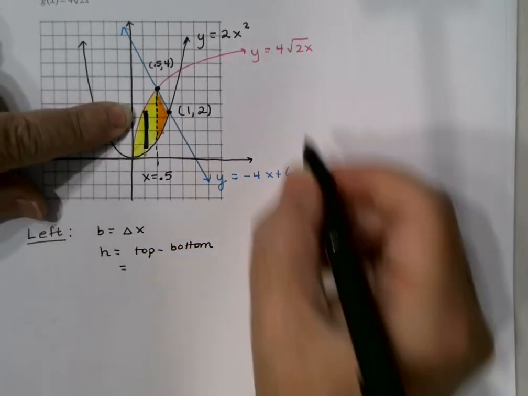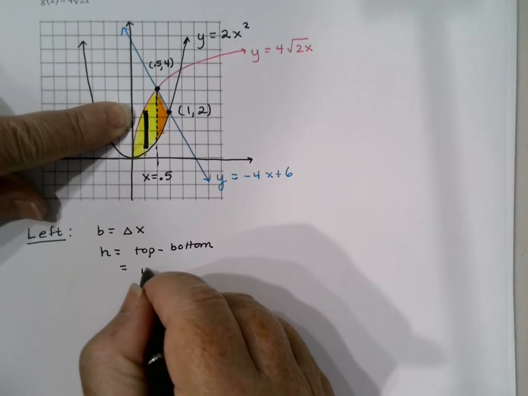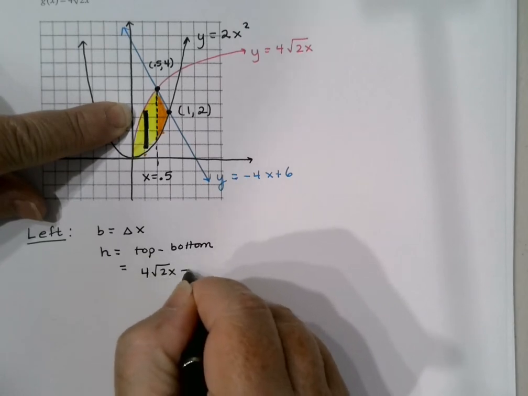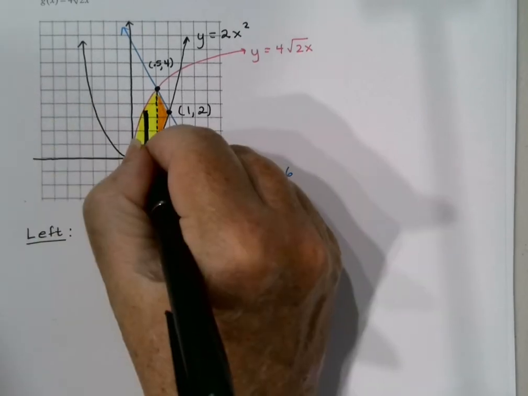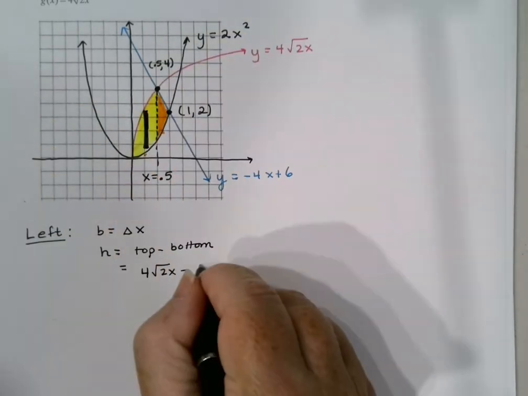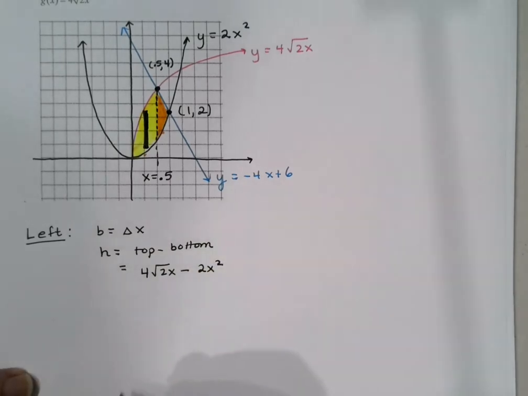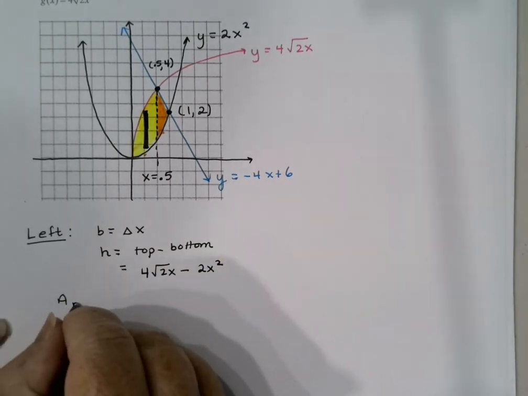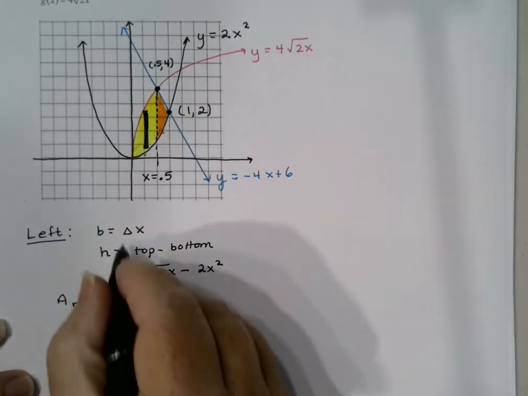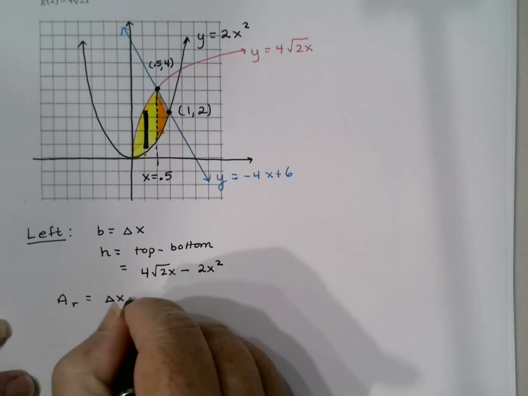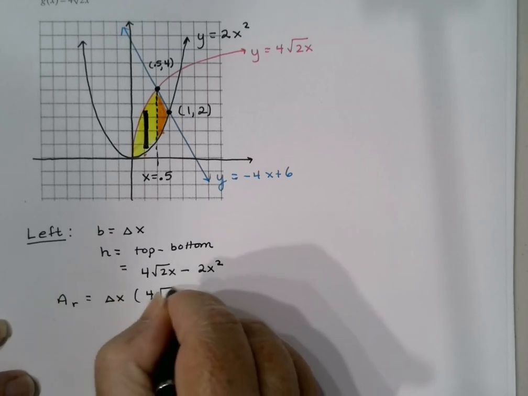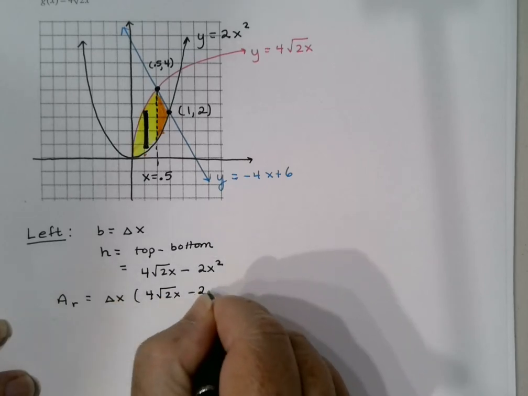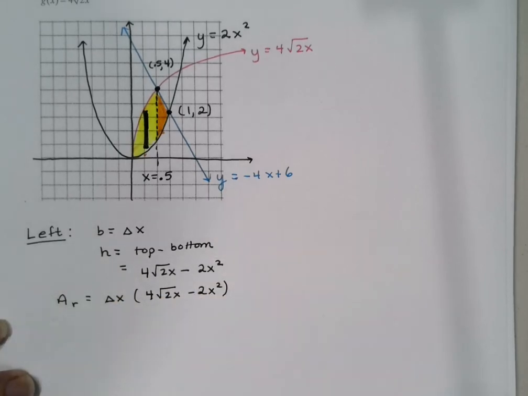So the top is the square root curve, 4 square root 2x, minus the bottom, which is the parabola, 2x squared. So the area of my rectangle, base times height, delta x, times 4 square root 2x, minus 2x squared.